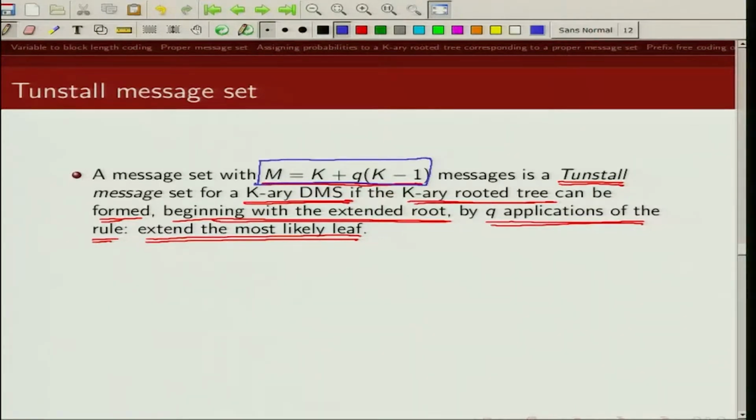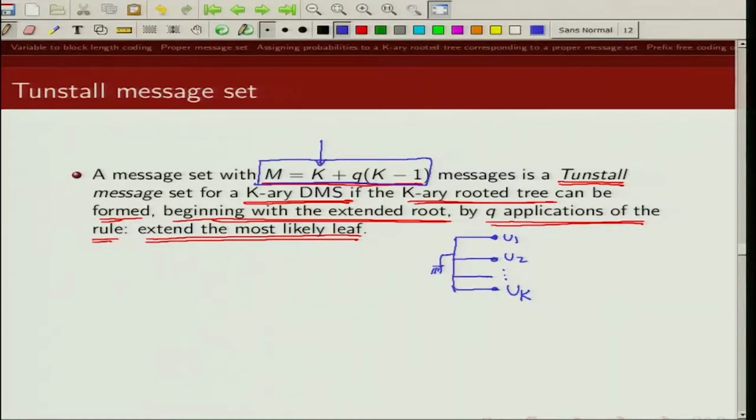If U is a K-ary random variable, then starting with the root, you will have K leaves. Let's call them U1, U2, up to UK. So when you start from the root, you have K leaves.